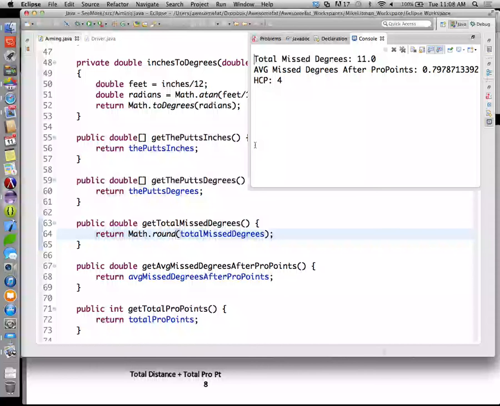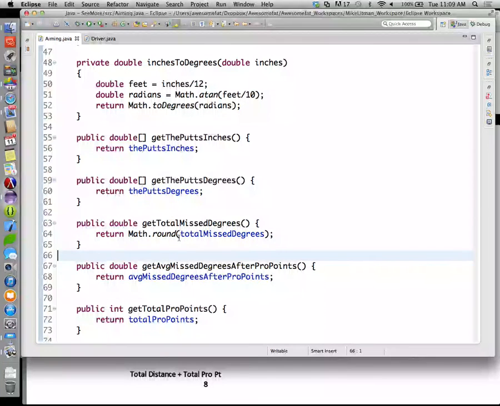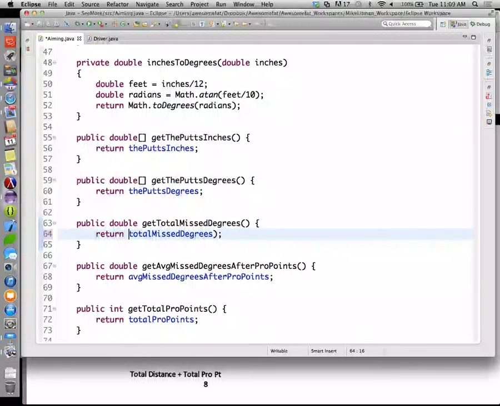Let's see, rounding's truncating. So why does it say rounding? Or was it rounding to the nearest? Oh, yeah.